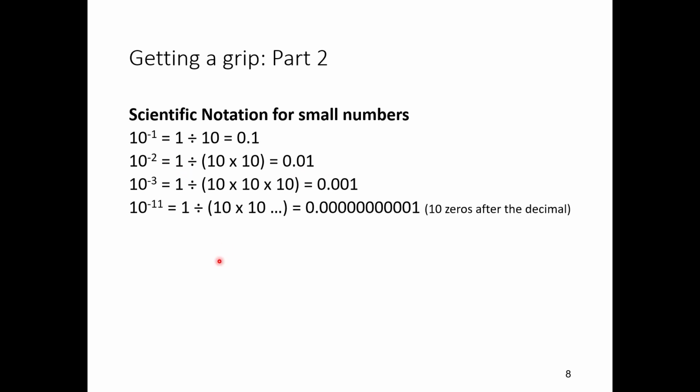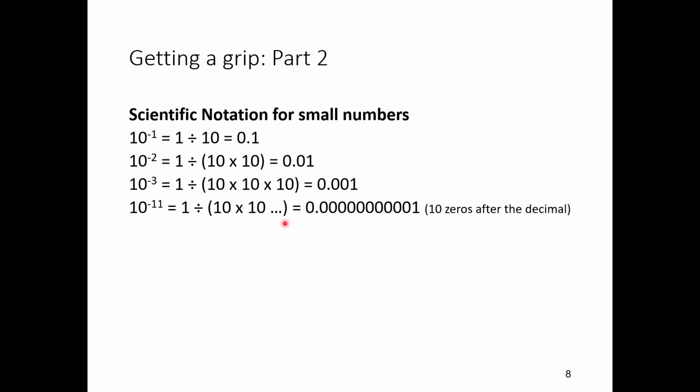So 10 to the minus 11th, yes, you're going to have 10 zeros after the decimal, but I really don't like that way of remembering the zeros rule.